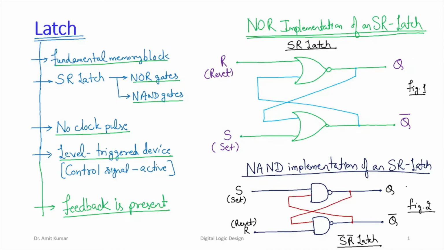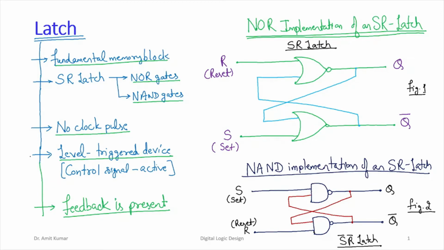So till now we must understand how we perceive this particular term, that is a latch. A latch is the fundamental memory block in sequential circuits. There is going to be no clock pulse.